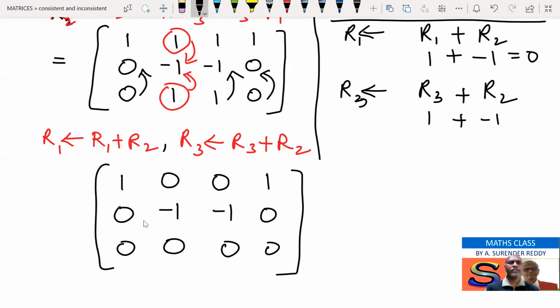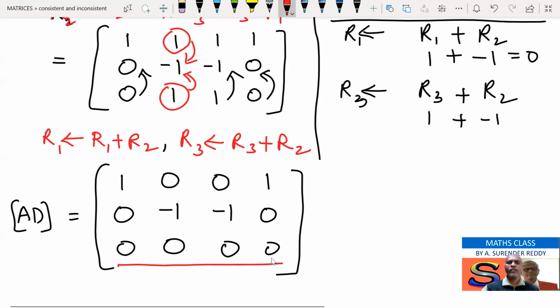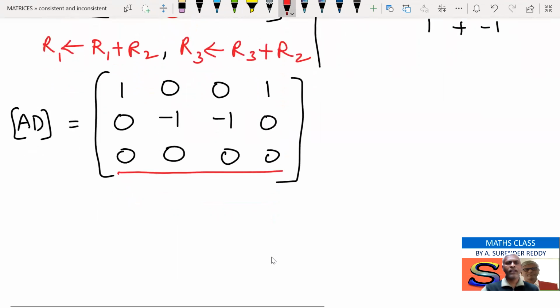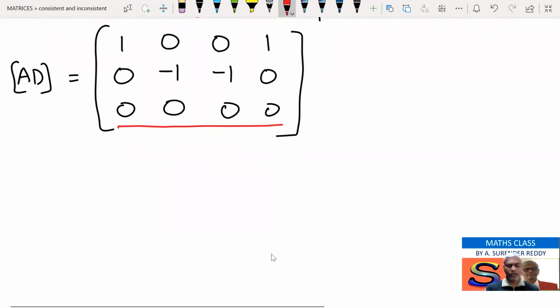So look at this. Here the complete row is zeros. When this situation arises in the augmented matrix, if any complete row becomes zeros, then it will have infinitely many solutions.